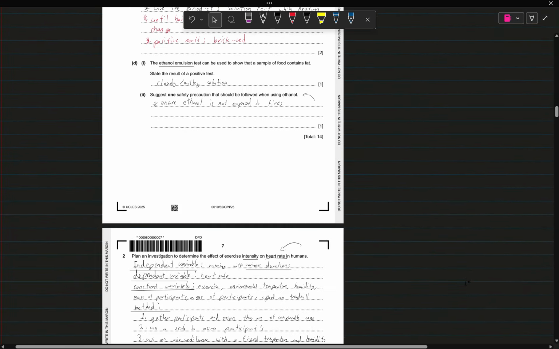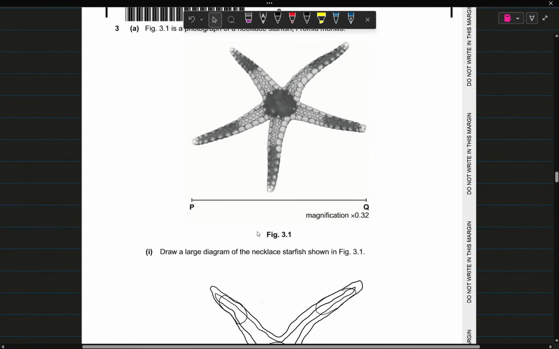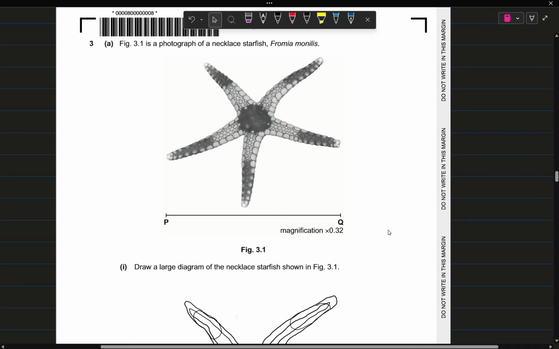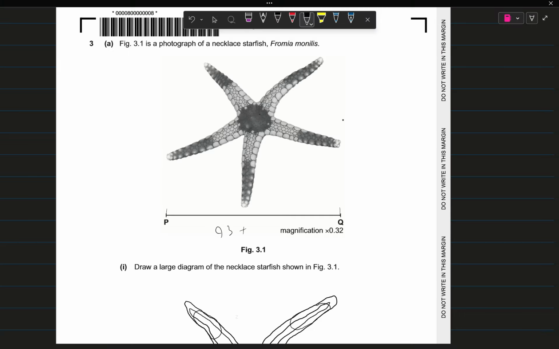Okay, that's perfect. Essentially, for this line BQ, you use a ruler and measure it. Since I'm doing it digitally, I can't really use a ruler. So in your actual exam, you should be using your transparent ruler and figure out this length from P to Q. According to the marking scheme, this length should be 93 plus or minus 1 millimeter.